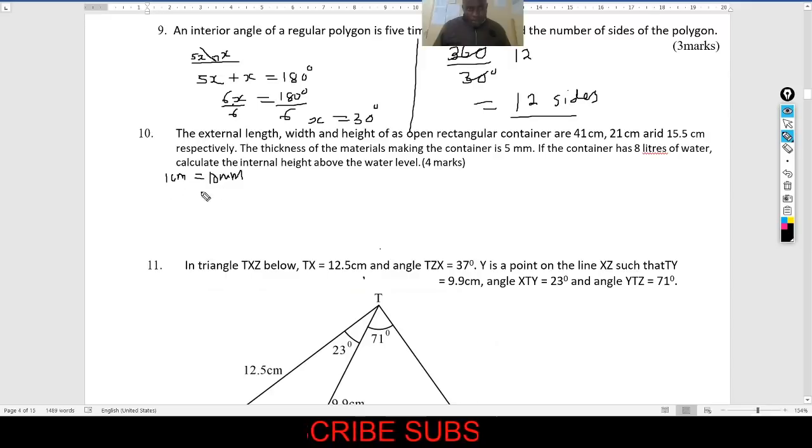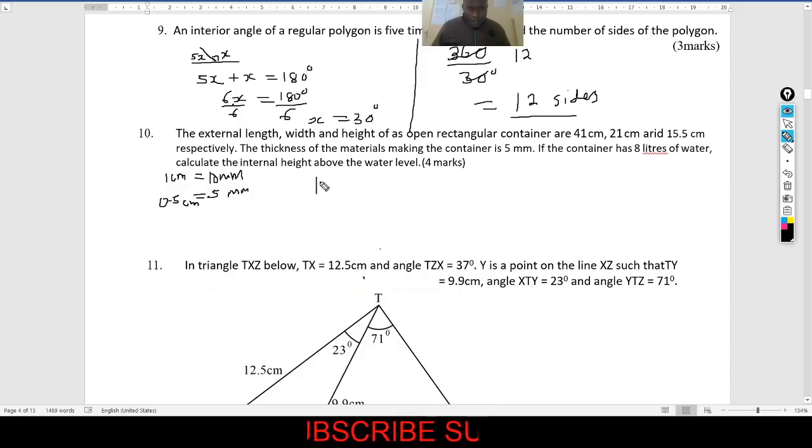Now we are talking about 5 millimeters. 5 divided by 10 is 0.5 centimeters.